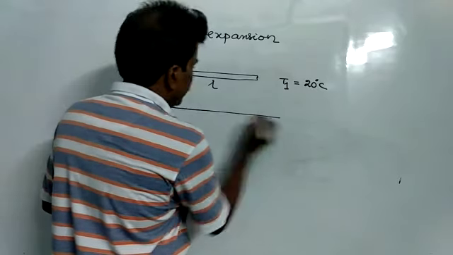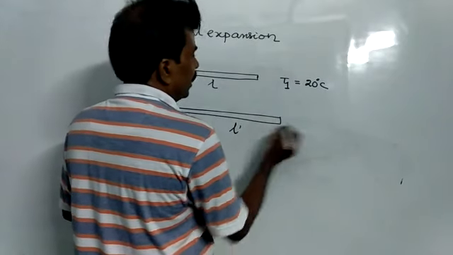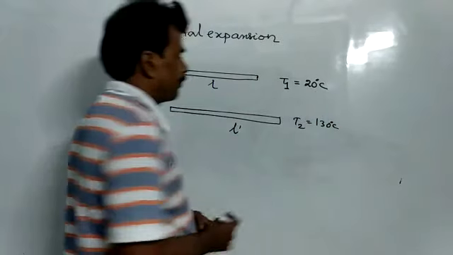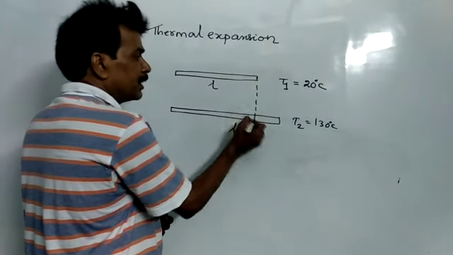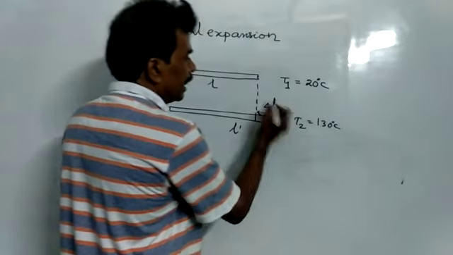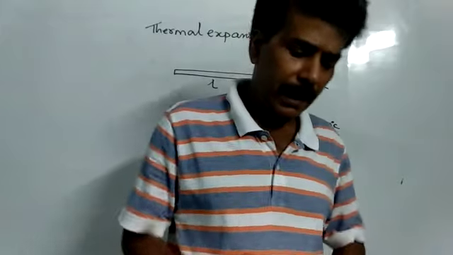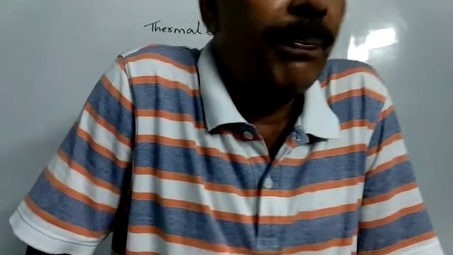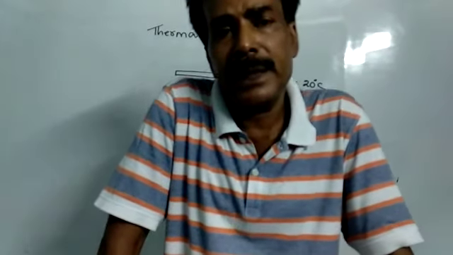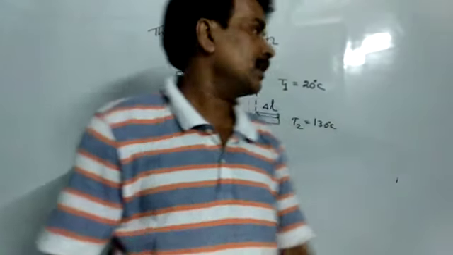Suppose this length is L dash, and our temperature T2 is 130 degrees centigrade. So from this figure you can write this is the increase in length, delta L. What is delta L? This is the increase in length, because we know that when temperature is increased, its length is increasing, which is called linear expansion.